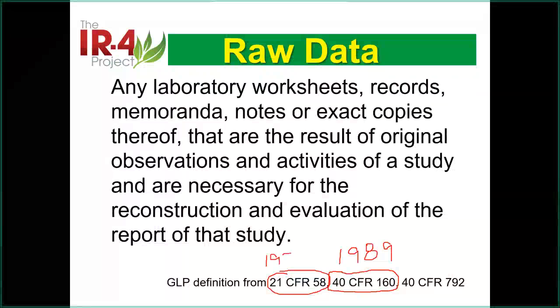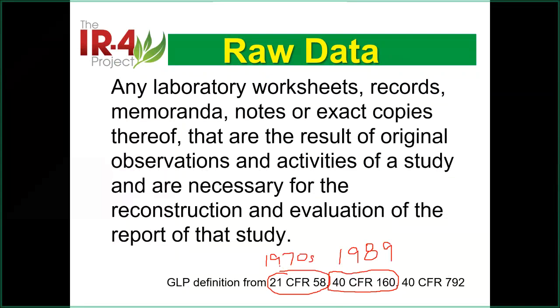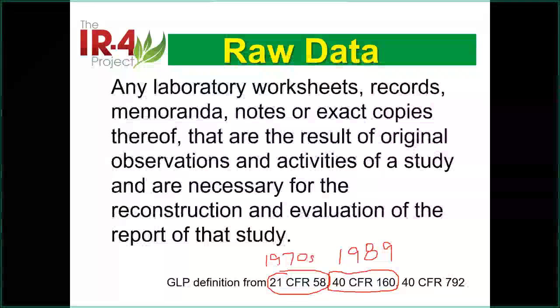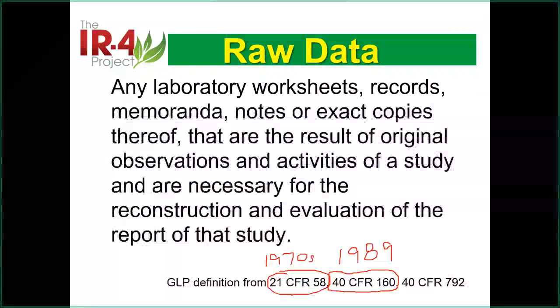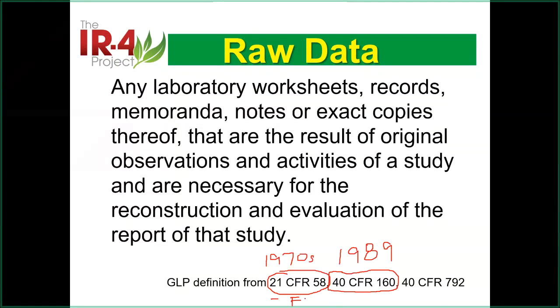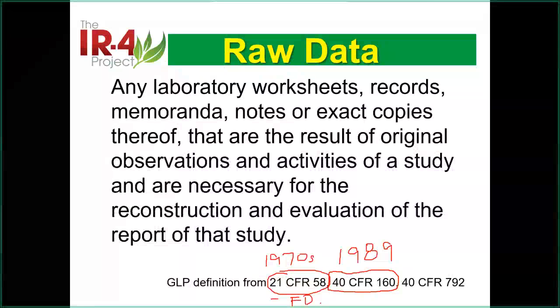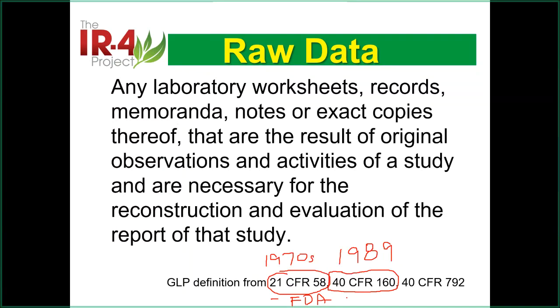It started in the 1960s. At that time there were a lot of differences. For example, computers were not so popular then. If you read the wording there, the wording is the same: this is FDA, and this one is the EPA. This is EPA GLP.